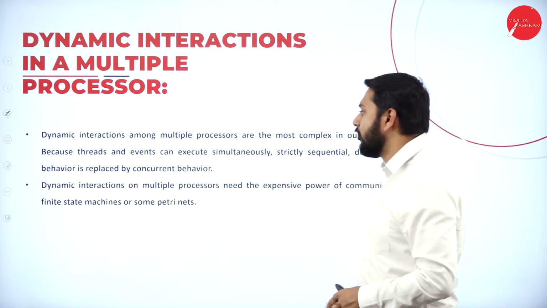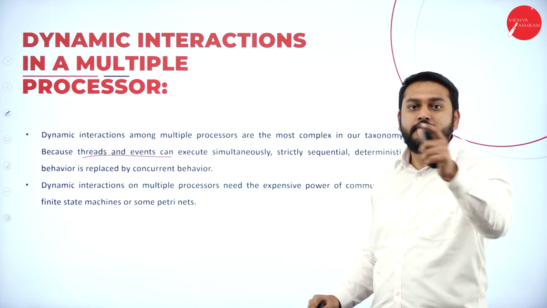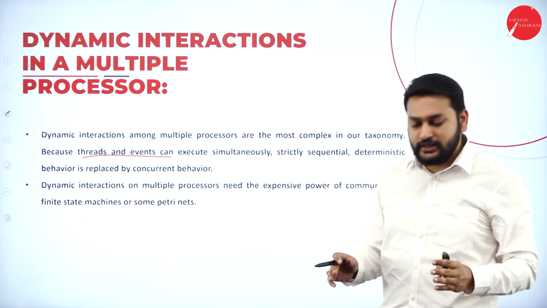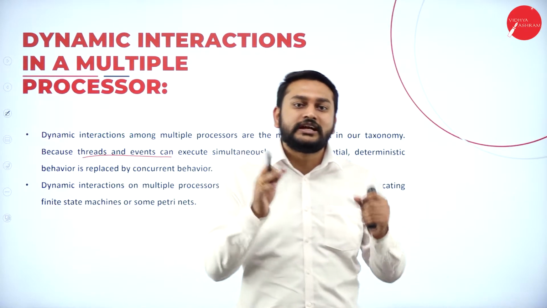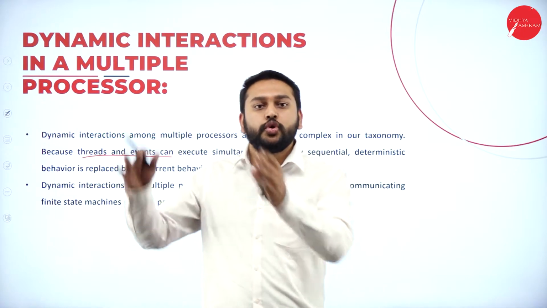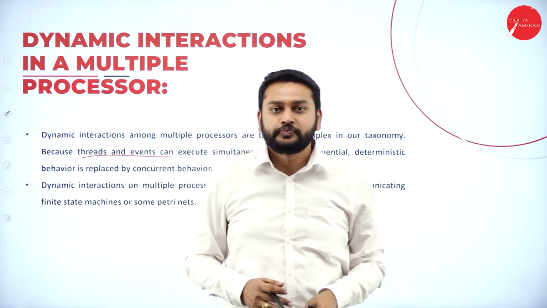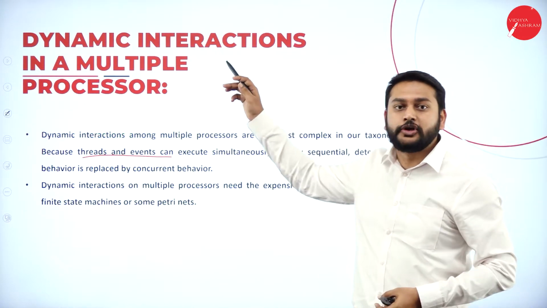Because threads and events can execute simultaneously. That's a major thing that I have here. So I will be executing the threads as well as the events simultaneously, and that leads to a complex scenario. That is the most important point you need to remember with respect to this topic.